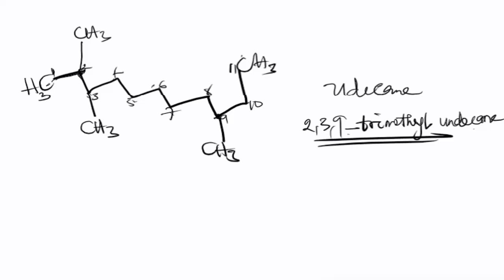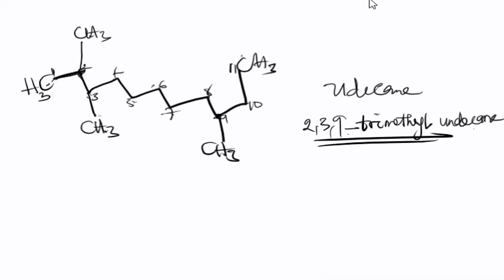So this 2, 3, 9 is indicating the positions of the methyl. So we have methyl at position 2, methyl at position 3, methyl at position 9, all separated with a comma, 2, 3, 9. Then you have your hyphen separating the numbers from the name here. So you have 2, 3, 9 trimethyl alkane.